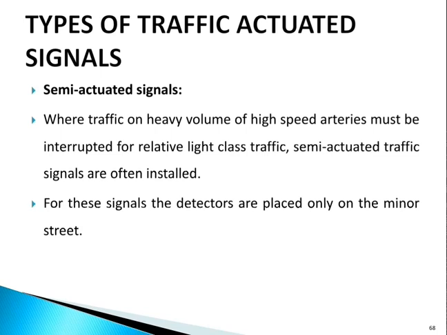And the second one is semi-actuated signals, where traffic on heavy volume of high speed arteries must be interrupted for relatively light cross traffic. Semi-actuated traffic signals are often installed. For these signals, the detectors are placed only on the minor street.